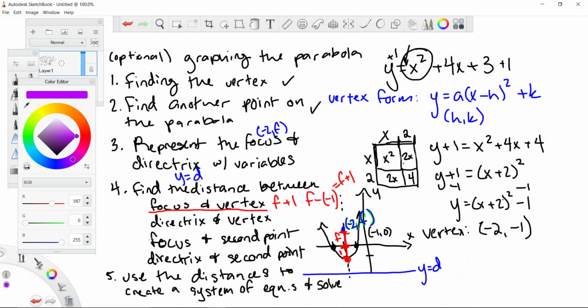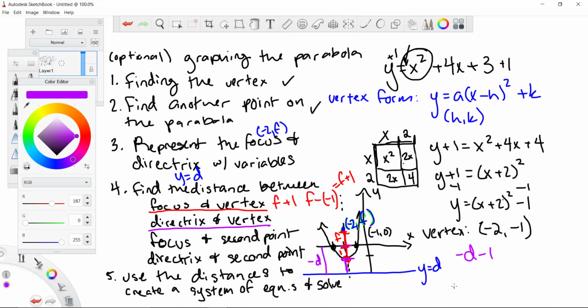Then the directrix and the vertex. So that's this distance here. Before, we've talked about the fact that this distance is d. So this smaller distance here would be d minus the distance to the vertex, which is 1. So you can say it's d minus 1. Oops, sorry, that should be -d.